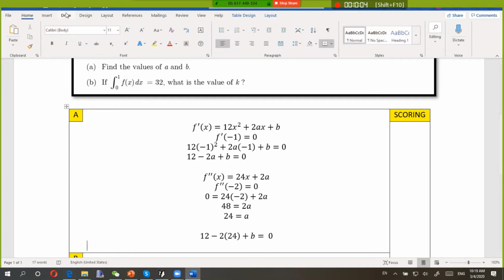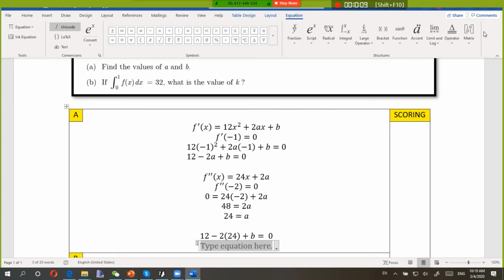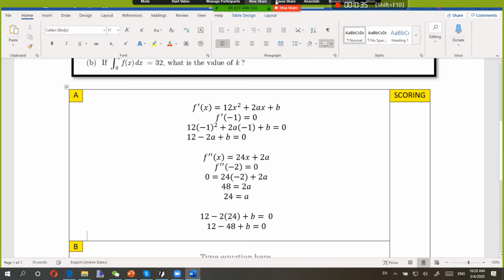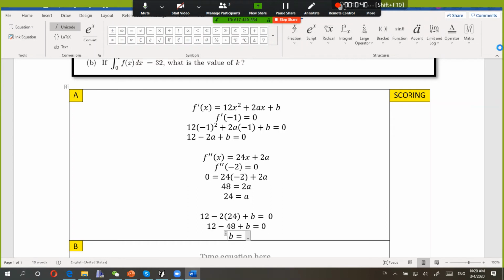So what is b? 12 minus 48 plus b is equal to 0. 36. Okay. B is 36.